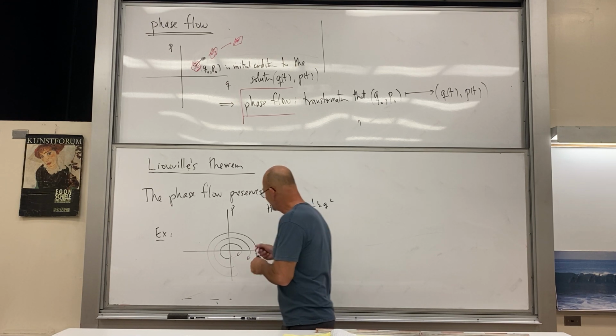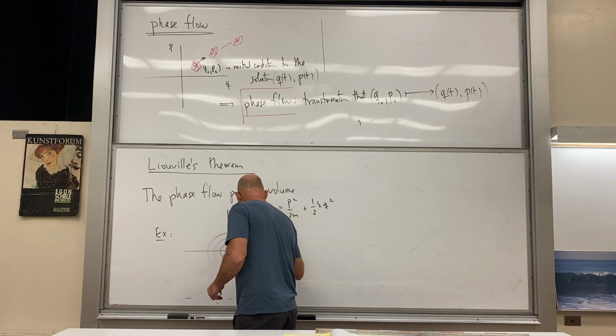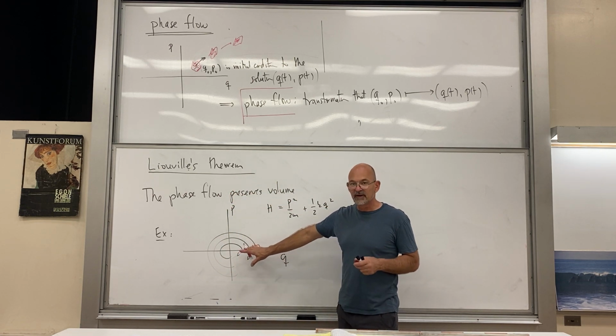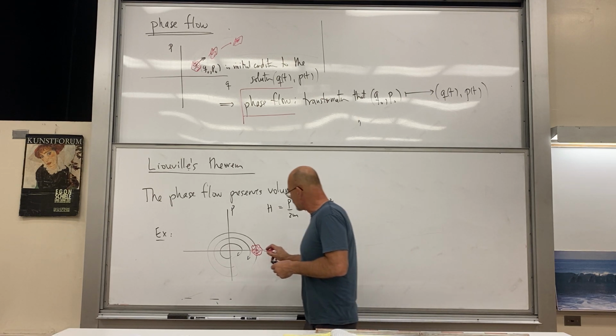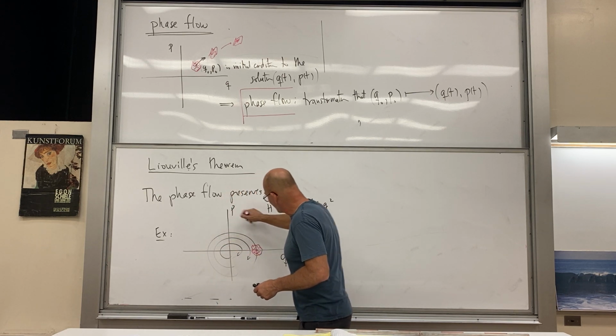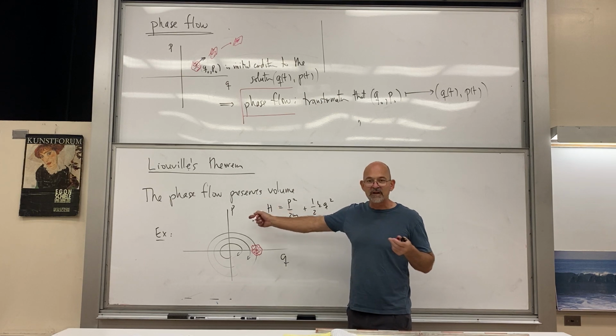Let's just take an initial condition over here, or a collection of initial conditions. So that's the whole region in phase space corresponding to different energies. And the phase flow is going to carry this whole thing around. In fact, it's going to be carried around and land right back on itself because we have a perfectly periodic motion.